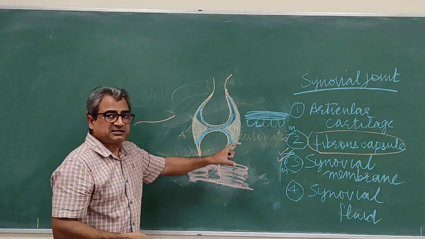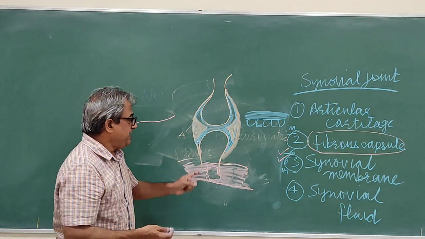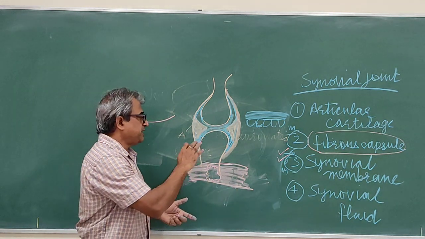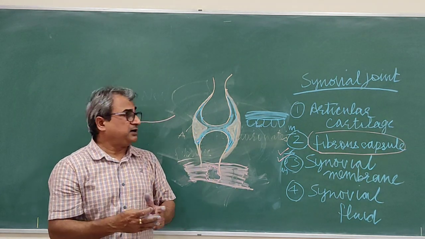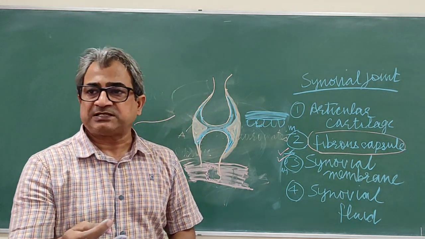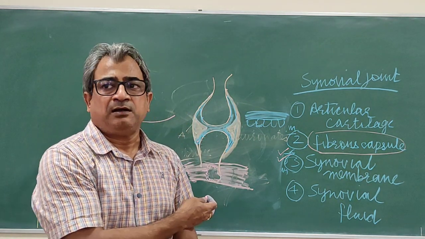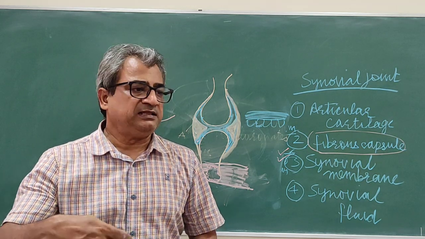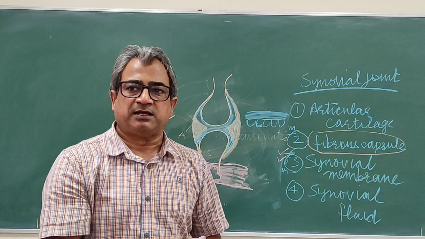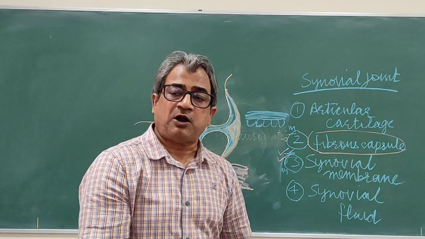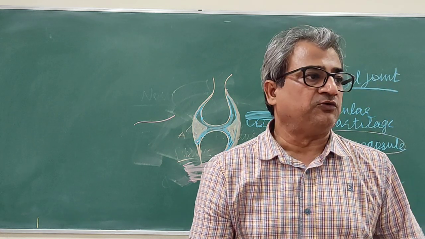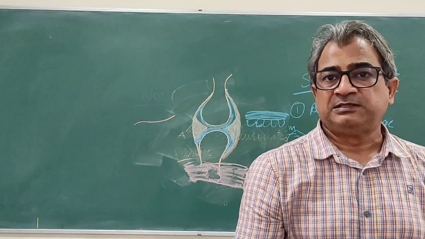So in this pocket somewhere these debris collect, and they are absorbed in the synovial membrane and pushed deep down into the subintimal layer, and below that is the fibrous capsule, which is connected with the periosteum of the bone. In this way the debris are drained from that area. So it's not that wear and tear particles cannot be drained. The synovial membrane is capable of draining them.